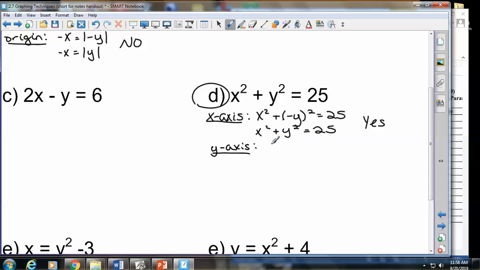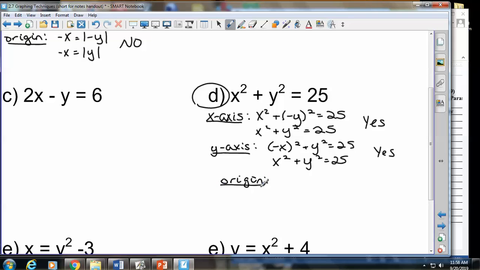How do you check the y? Make your x negative. If you make your x negative and square it, you get a positive, which is what I started with, so this is also symmetric to the y-axis.